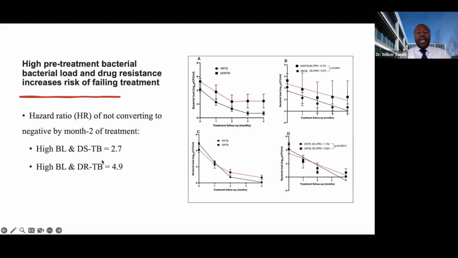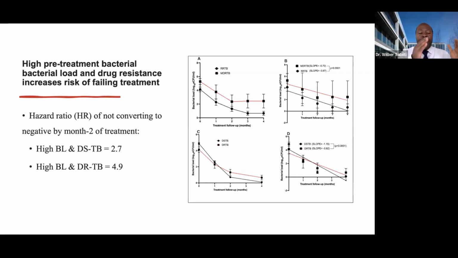So, analysis of the hazard ratio of the risk, we found that a combination of high bacterial load and drug-sensitive tuberculosis has a risk of 2.7 for not converting to negative by month 2 of treatment, compared to 4.9 for drug-resistant tuberculosis.